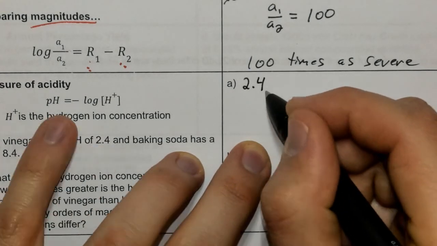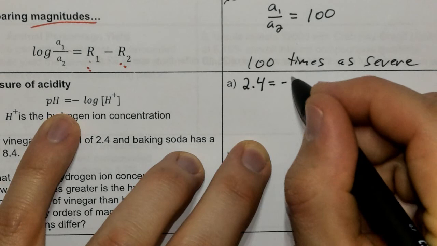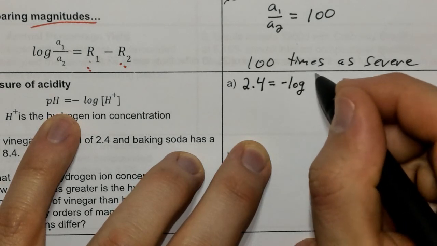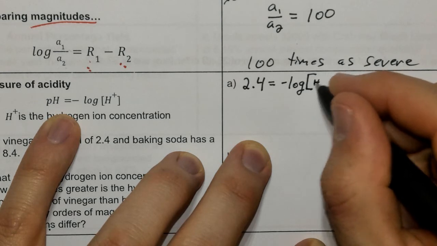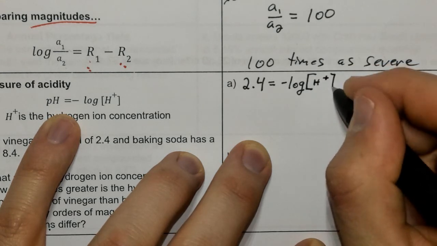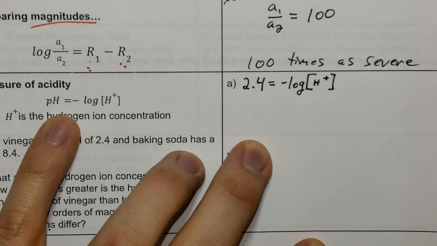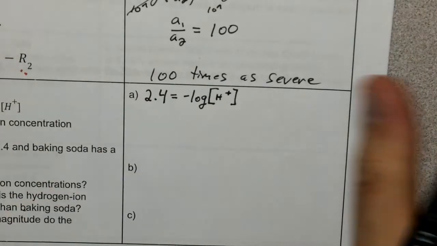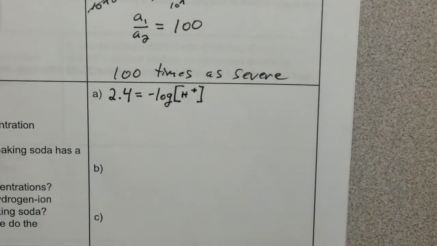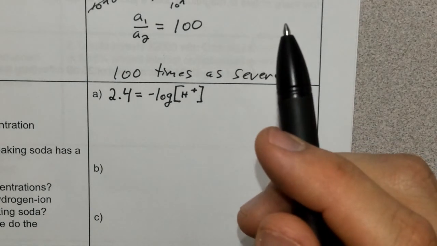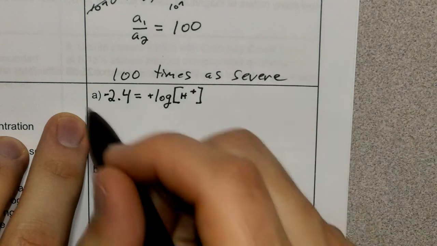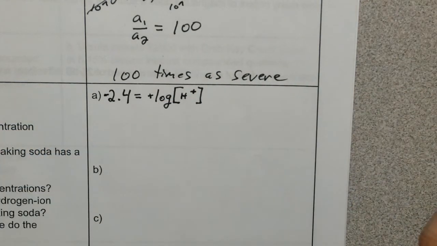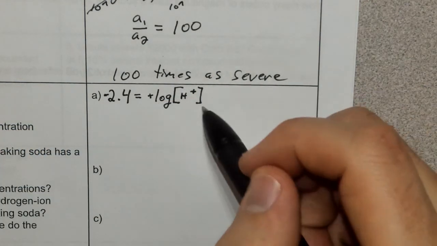So we have pH of 2.4. 2.4 equals the negative log of H+, which we don't know for either of these. So I'm going to times both sides by -1. That'll give me a positive there and a negative here. So just do that without writing another line. And then I want to get H plus by itself.